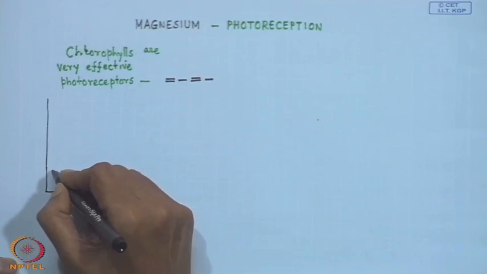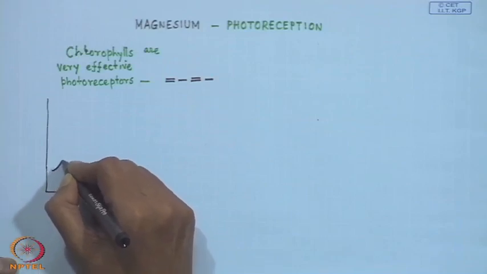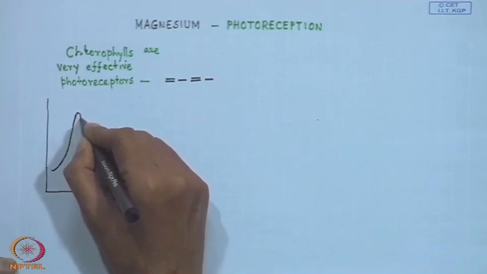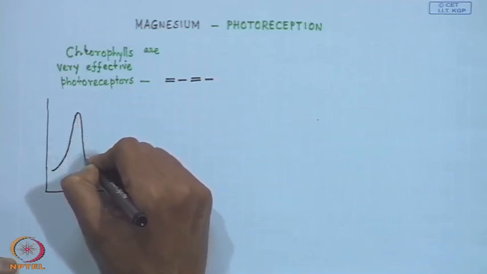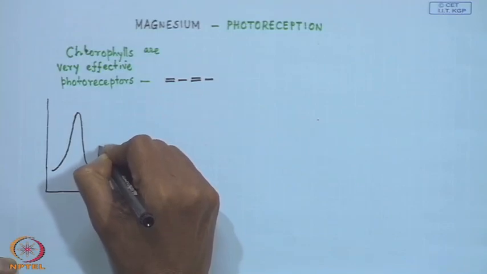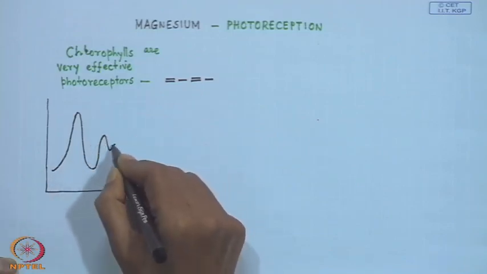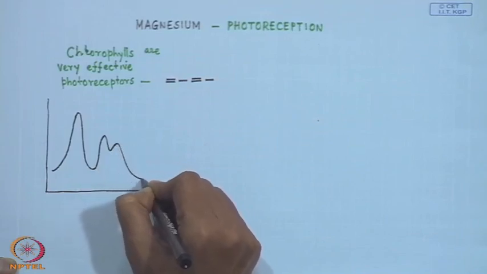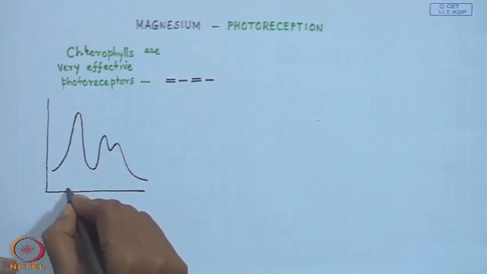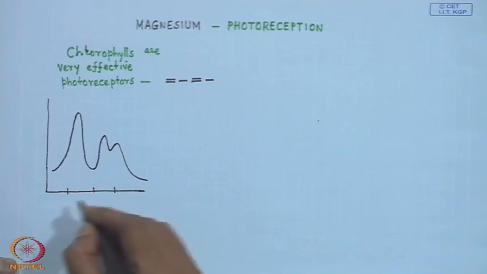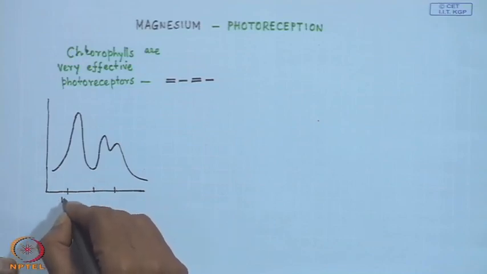If we look at the corresponding absorptions for chlorophyll, it has a very characteristic shape in the visible region between 400 to 600 nanometers.